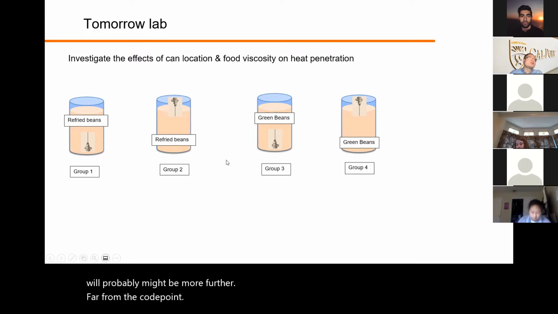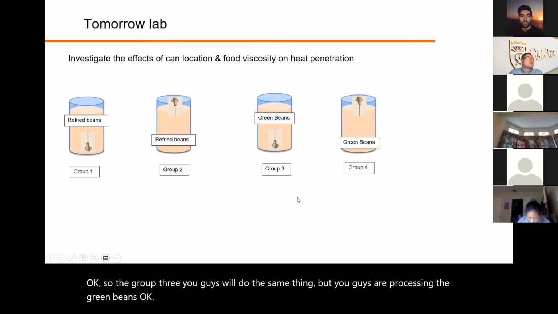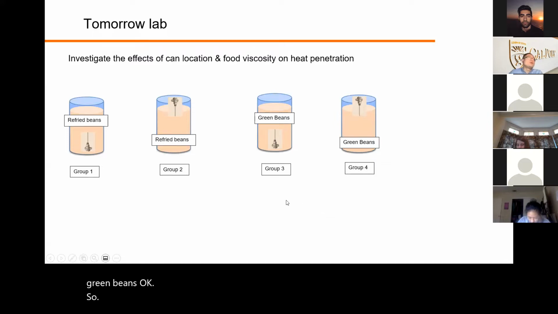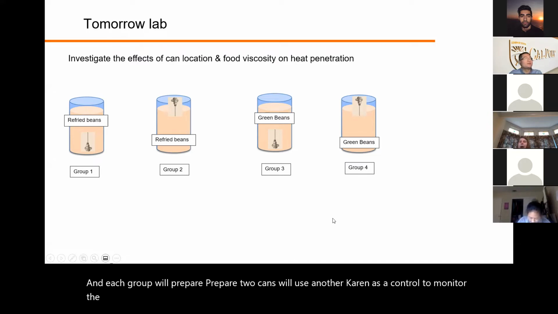For group three, you will do the same thing, but you will process the green beans. Each group will prepare two cans. We'll use another can as a control to monitor the color change before and after.